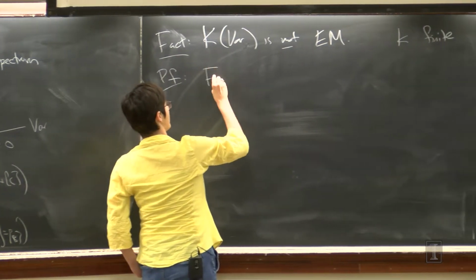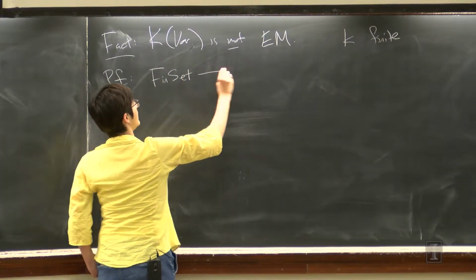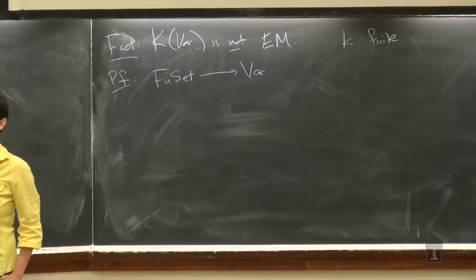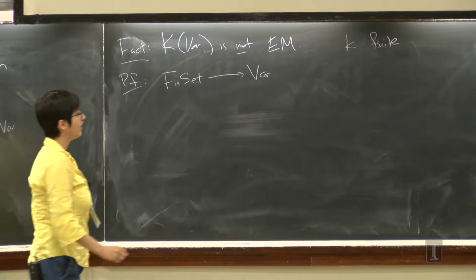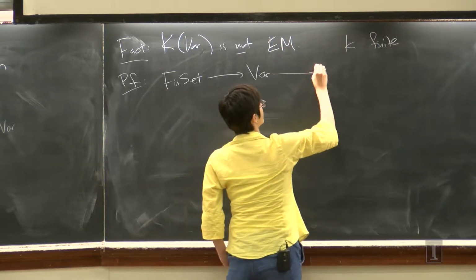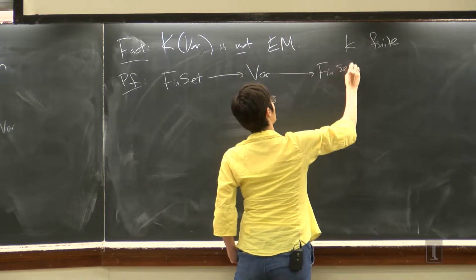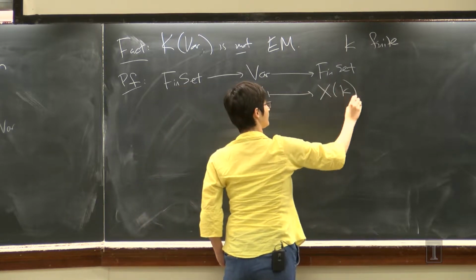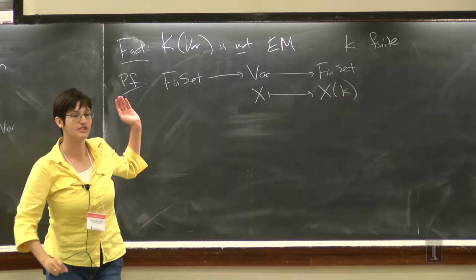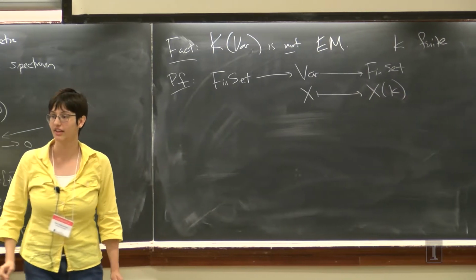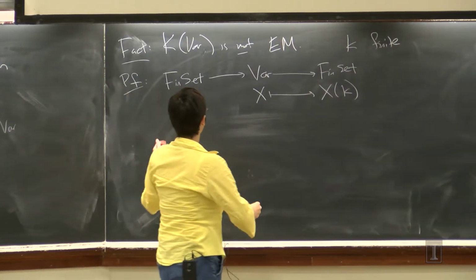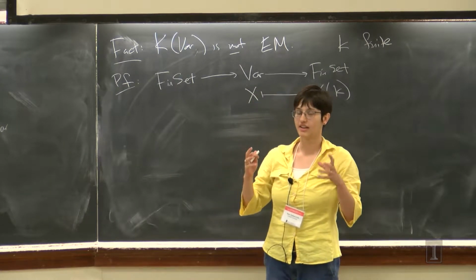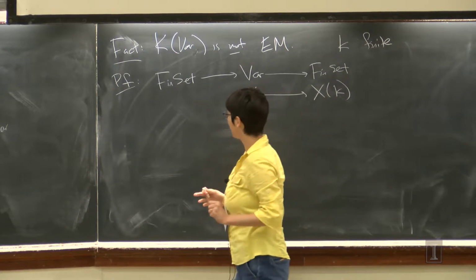We have a map from finite sets into varieties, which just includes them as the zero-dimensional varieties. We have a map back to finite sets, which for a variety X takes its K points. And you can see that this composition is the identity. And therefore, the K-theory of varieties has a sphere spectrum that splits off of it.